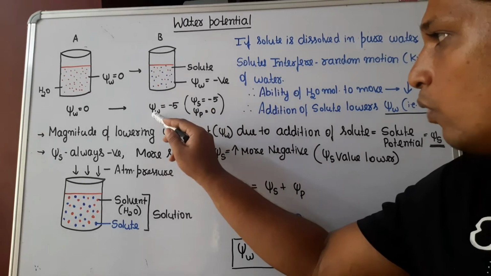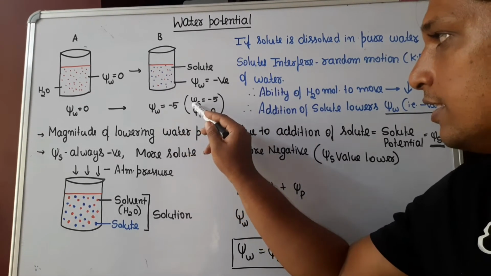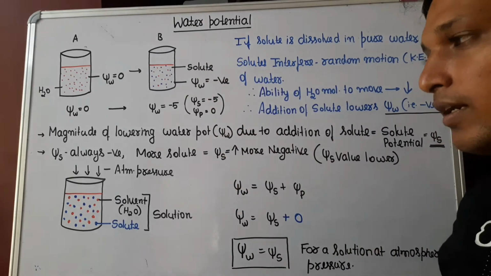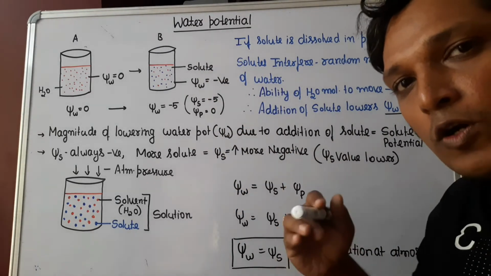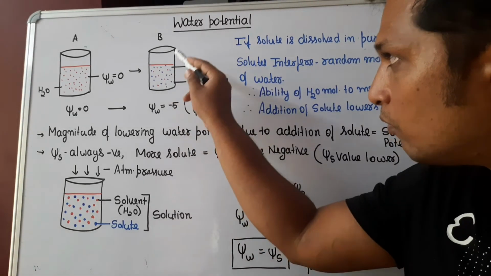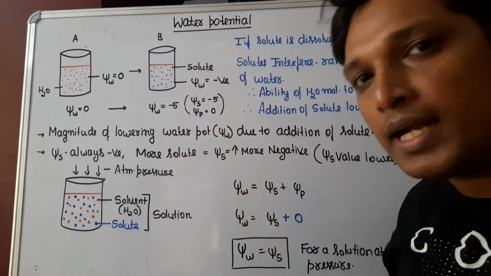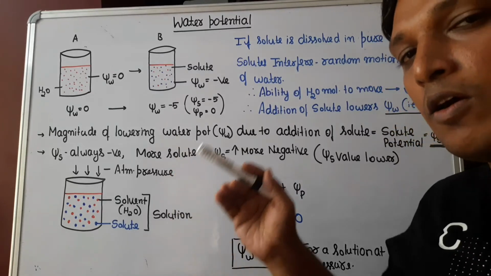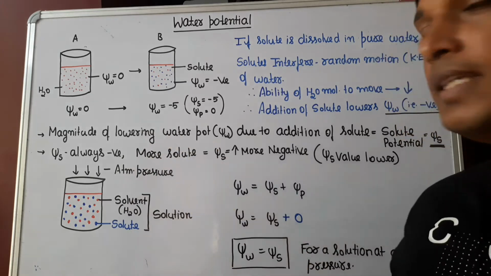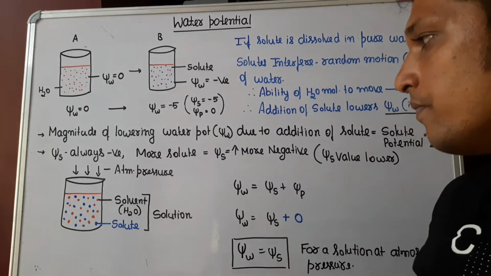Hence here psi w is -5 because its solute potential is -5. So much decrease has occurred, or so much ability of water to move has decreased. Hence what we can understand is that whenever we add solute, water potential is always negative. It decreases the water potential.